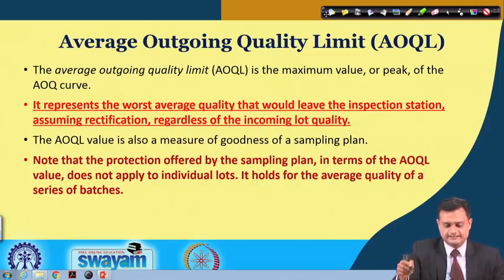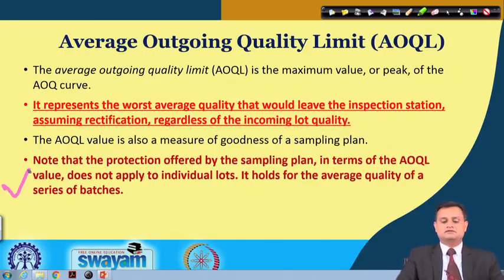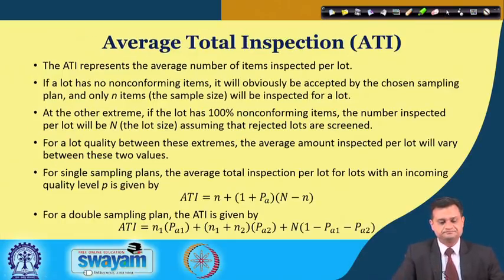We can appreciate that the protection offered by the sampling plan in terms of the AOQL value does not apply to an individual lot; it holds for the average quality of a series of batches. So, this part we must appreciate.